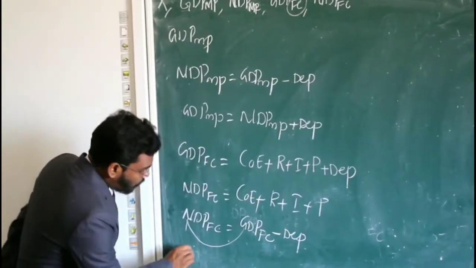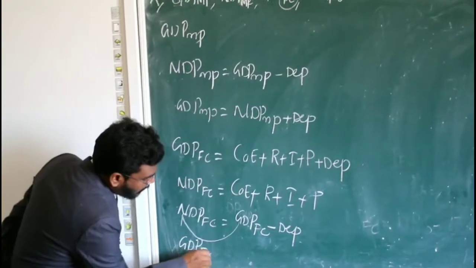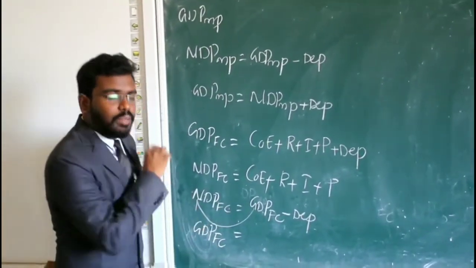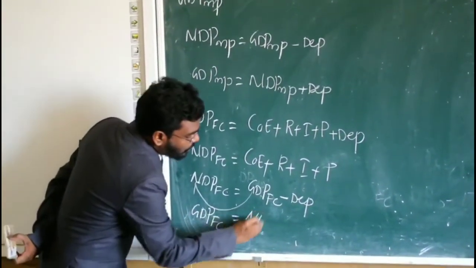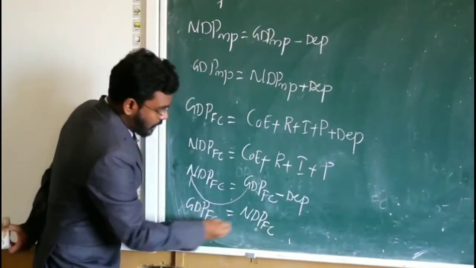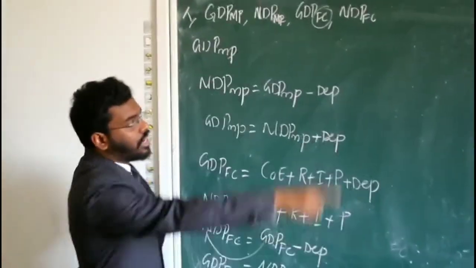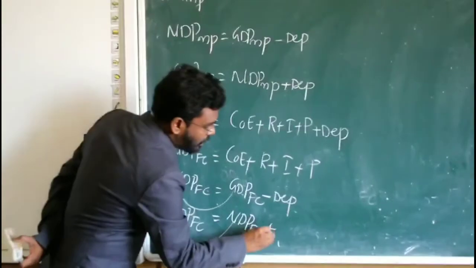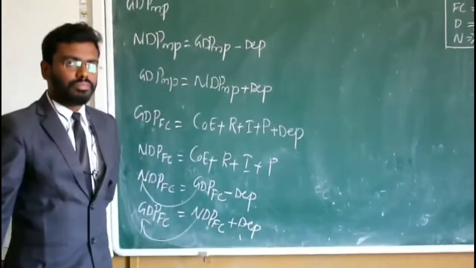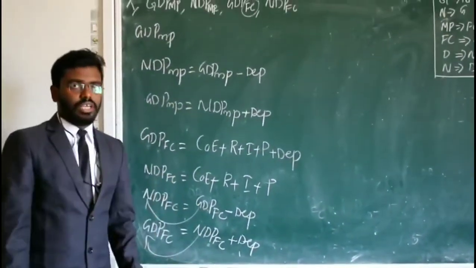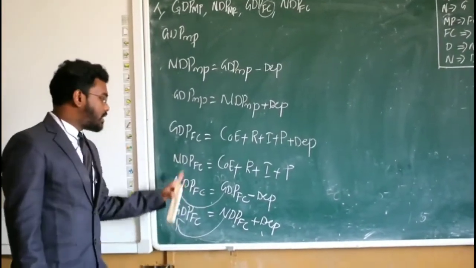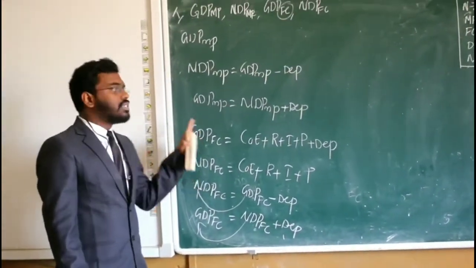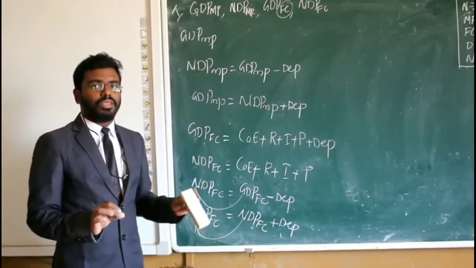Next one, how can we calculate GDP-FC from this NDP-FC? NDP-FC, that is N into G. N into G means plus depreciation. Understood? So that is NDP-FC and GDP-FC. Got it?